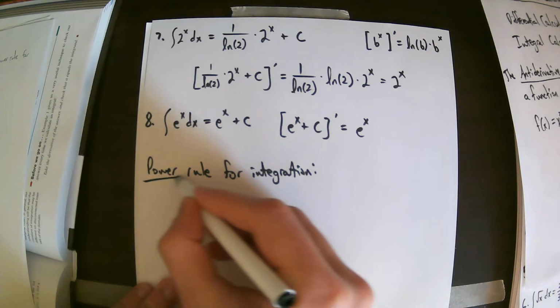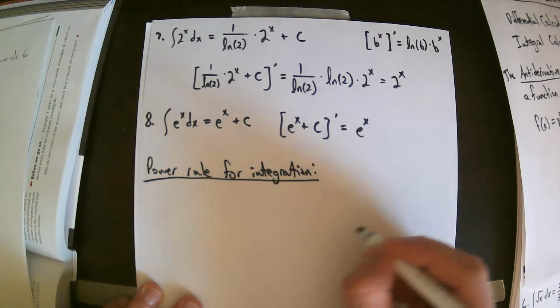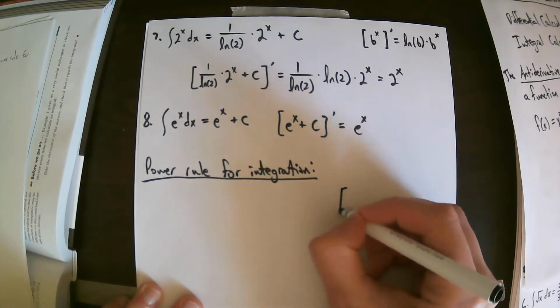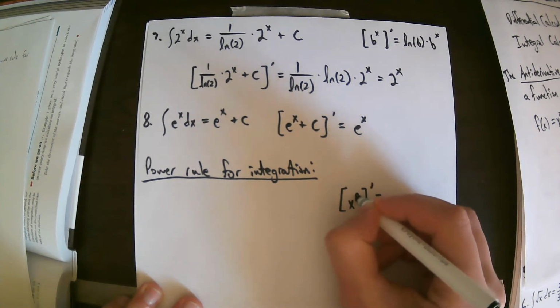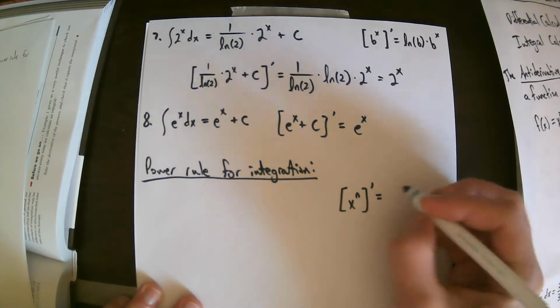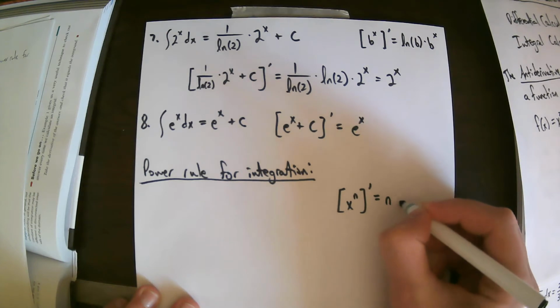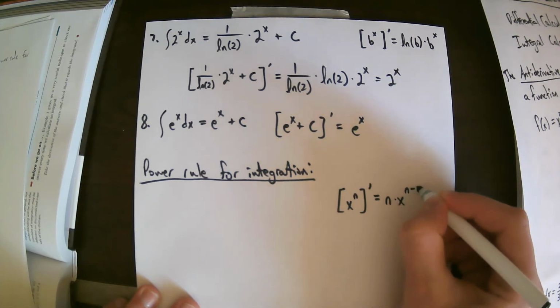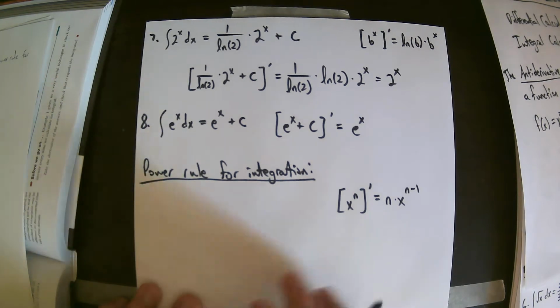Now, let's recall the power rule for differentiation: you drop the n down, you multiply by whatever the power is, then you take the exponent down by 1, just like that. We're going to do the opposite over here.